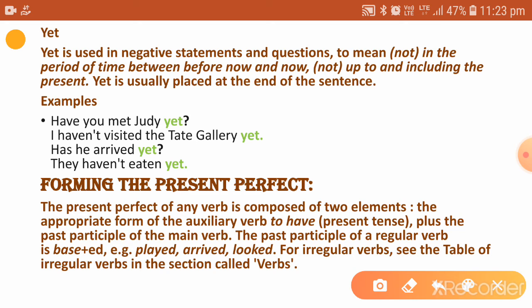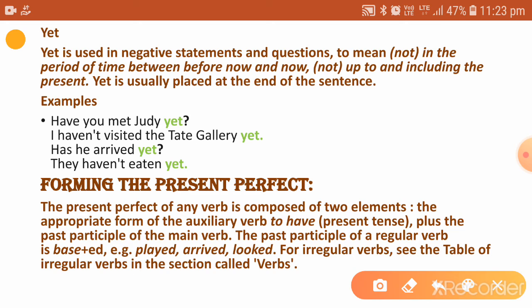Examples. First, have you met Judy yet? It means up to now. I haven't visited the Tate Gallery yet. It means I haven't visited that gallery up to now.